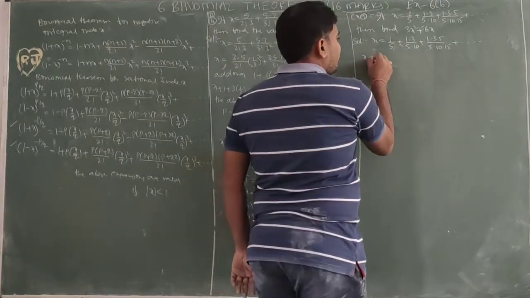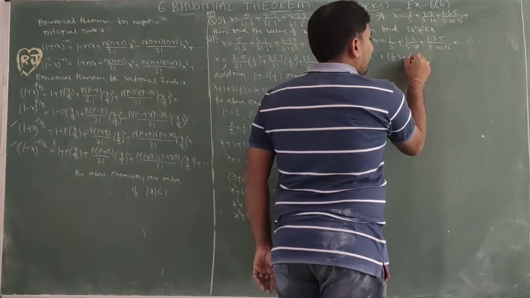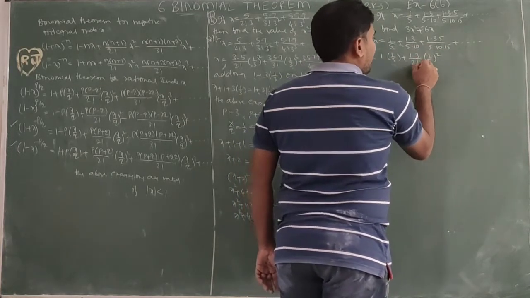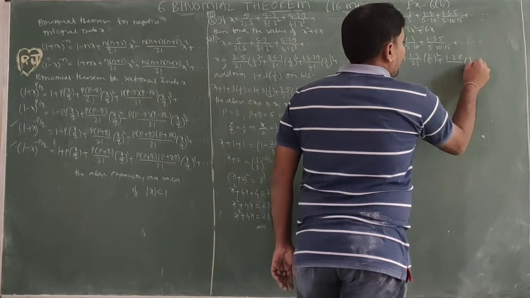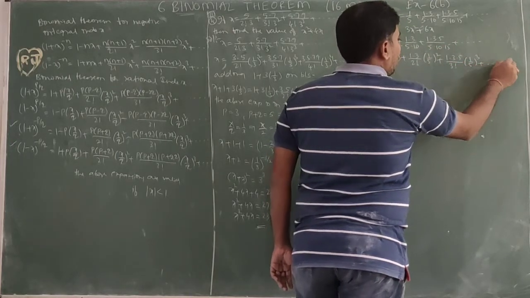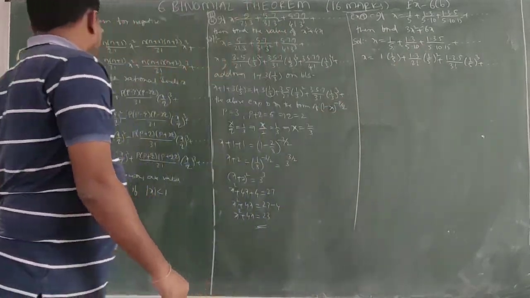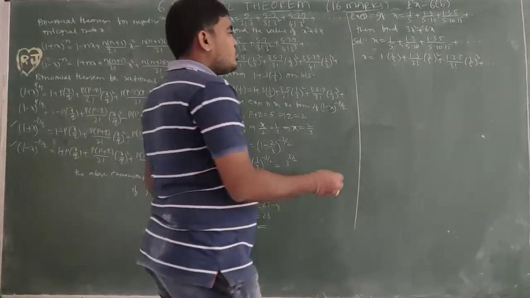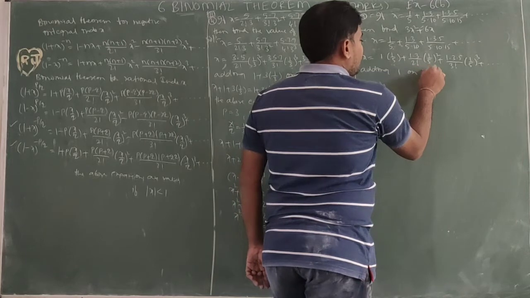So x equals 1 into 1 by 5, 1 into 3 by 2 factorial into 1 by 5 whole square, 1 3 5 by 3 factorial into 1 by 5 whole cube, plus up to so on. So all the terms are positive. This is the expansion, but 1 is missing. So adding 1 on both sides.